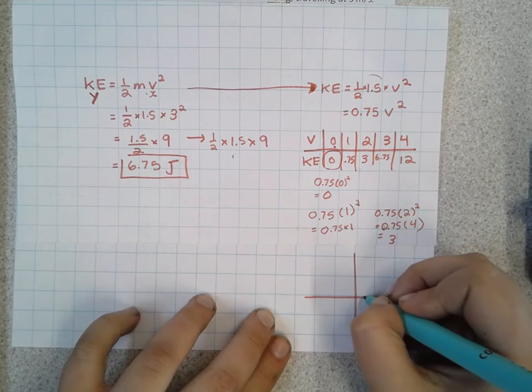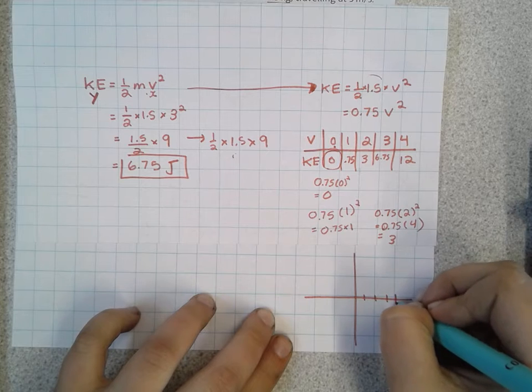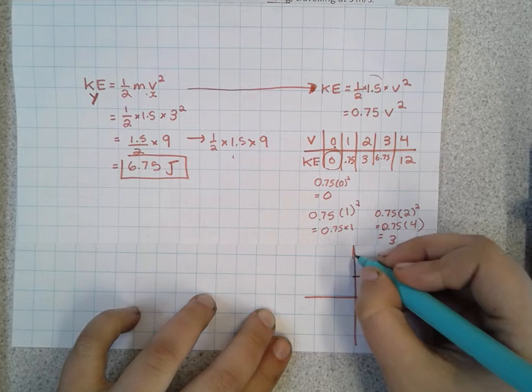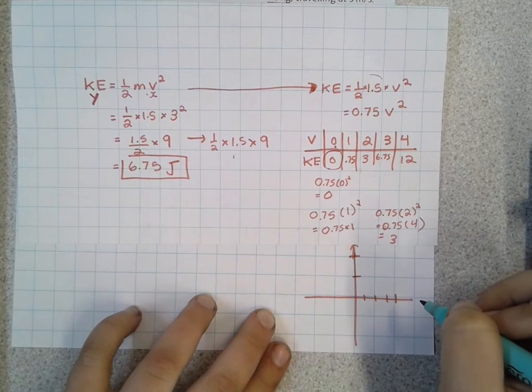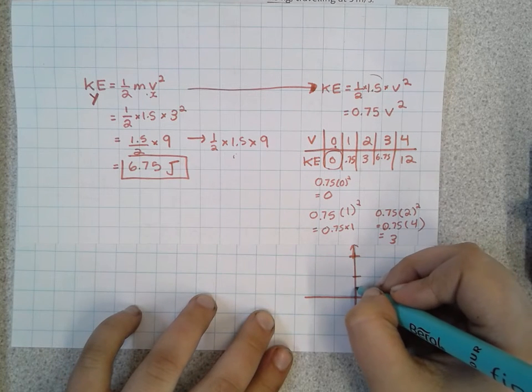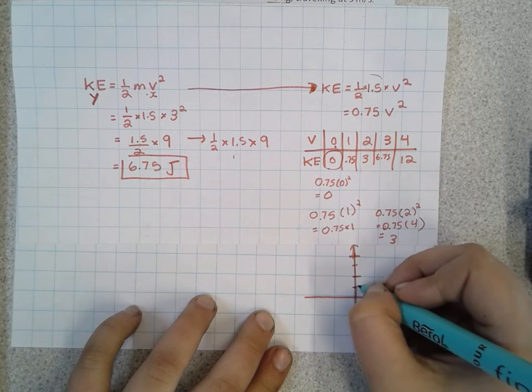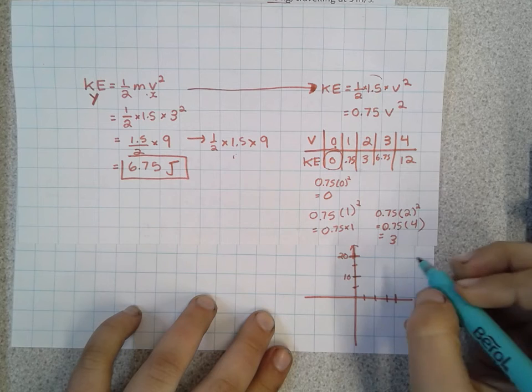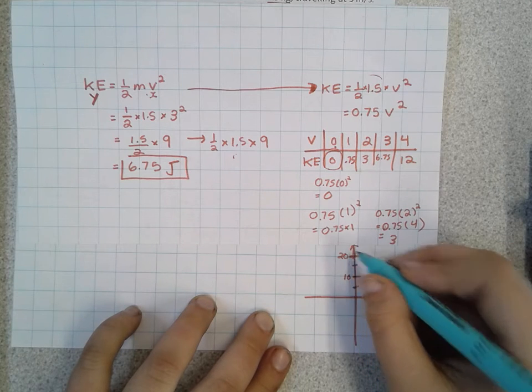I'm going to go up to 4. 1, 2, 3, 4. And then for my y here, I'm just going to do a very big scale so you get a rough idea of what that looks like. So that's going to be 10. That's going to be 20. 5, 10, 15, 20 there.